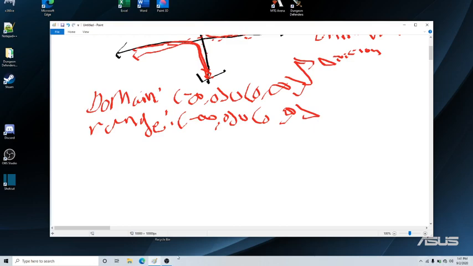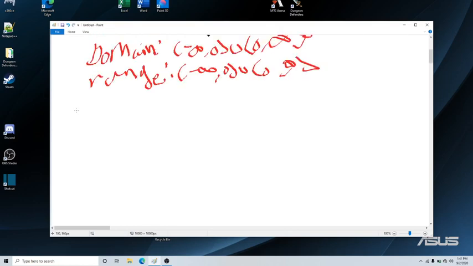For the rest of the playlist, we'll be talking about one, asymptotes. Then we have the domain, calculating domain. Then we have the transformations.